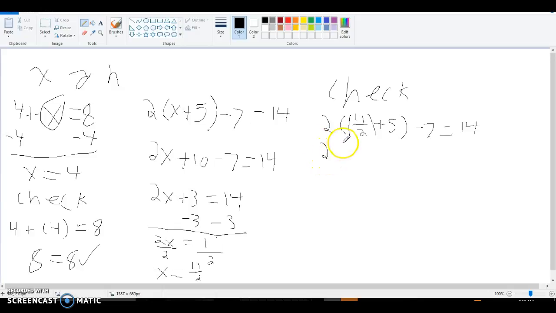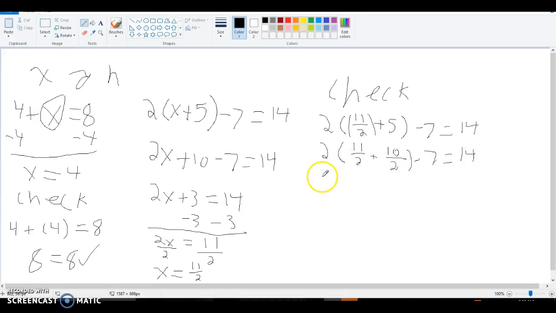So you're going to have 2 times 11 halves. You can get rid of the parentheses because it's not affected by anything, plus 10 halves, minus 7 equals 14. We still want to apply the rules of PEMDAS.